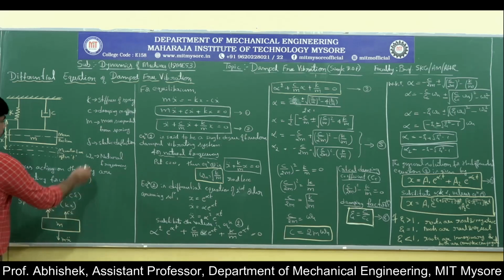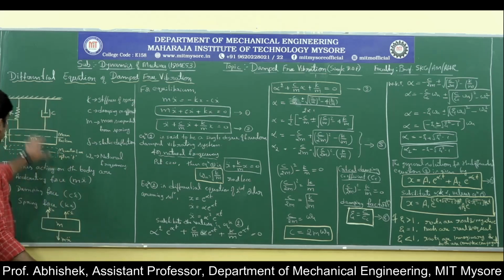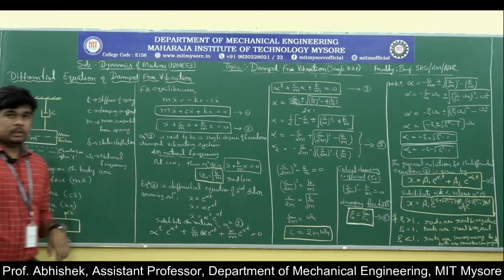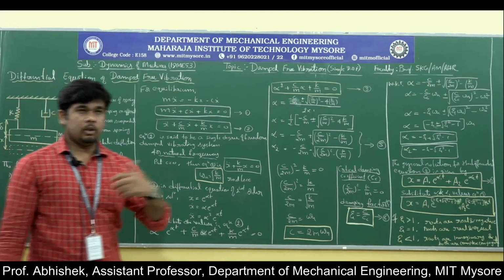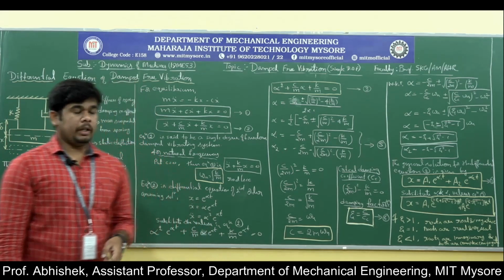Now, one more: we have omega n, the natural frequency of the system. The forces acting on the body: we have three elements, K, C, and one more is the moving condition or the direction of motion of the body.